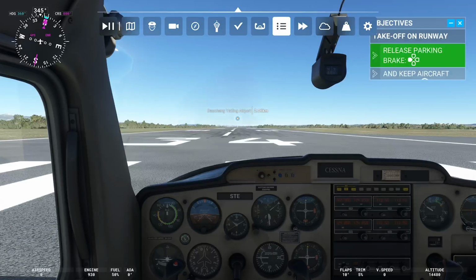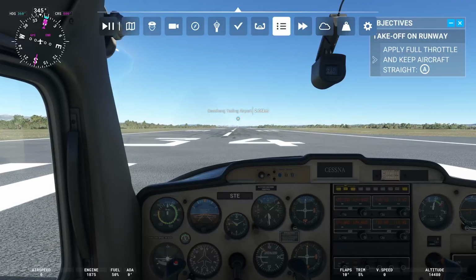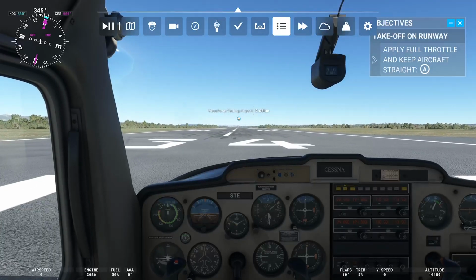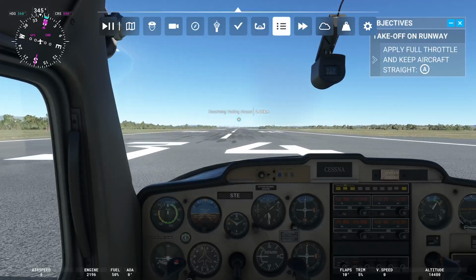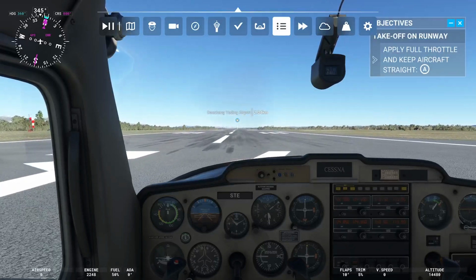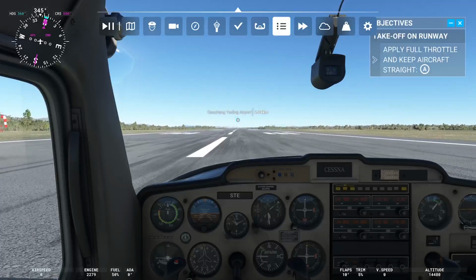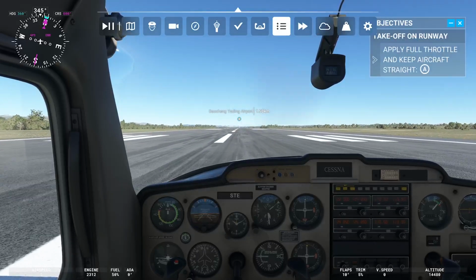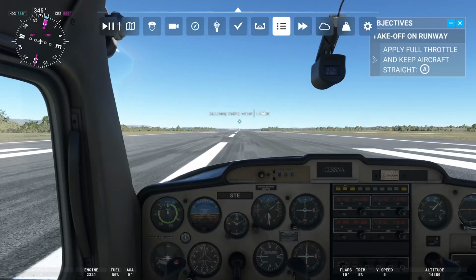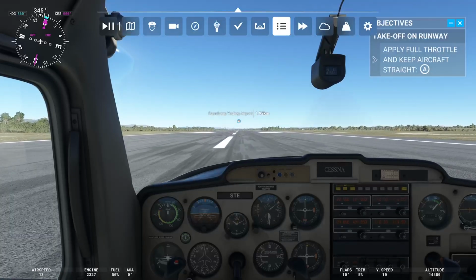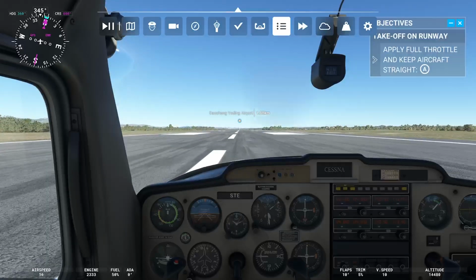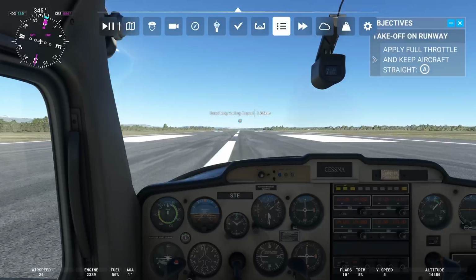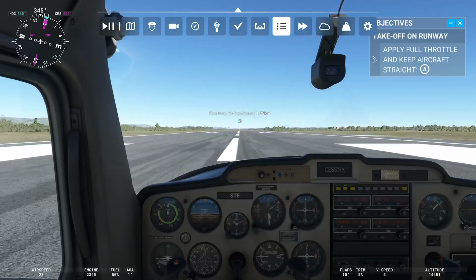So what we're going to do is put the throttle up to maximum, take the safety off, and take the parking brake off. And if we look at this airspeed, because we've got a very low density day, the airspeed's just crawling up: 10 knots, 11 knots, 20 knots.